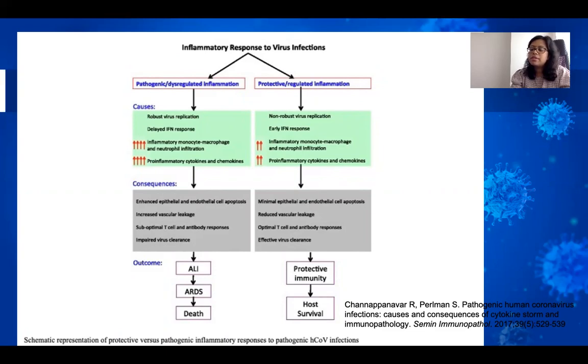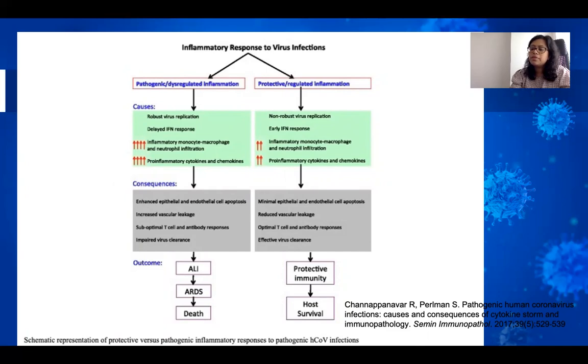This diagram is adapted from a review article, which I found to be quite good in explaining what could be going on in the dysregulated immune system of the patients infected with coronavirus. This paper was mainly looking at MERS, the Middle East Respiratory Syndrome, and SARS coronaviruses.